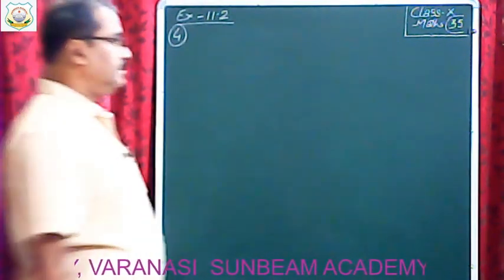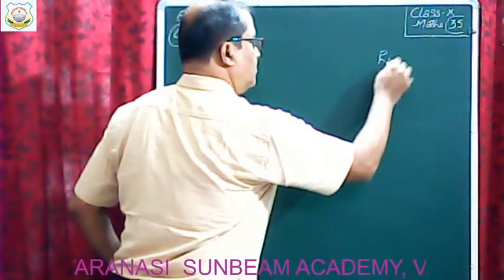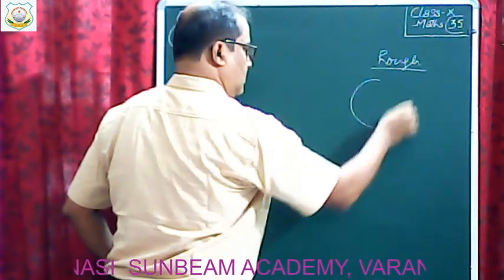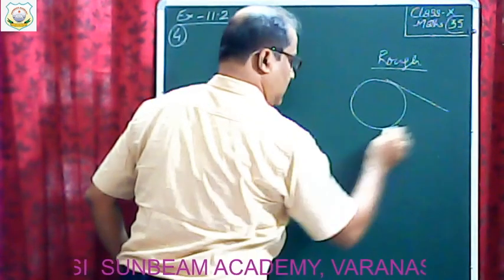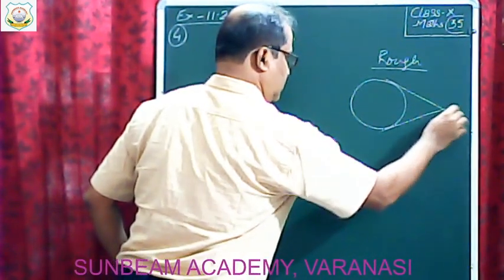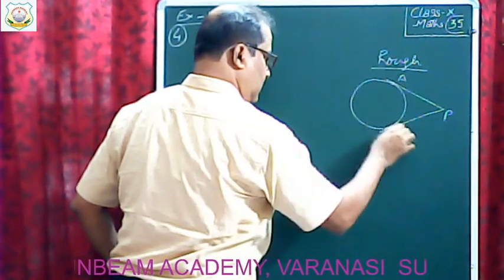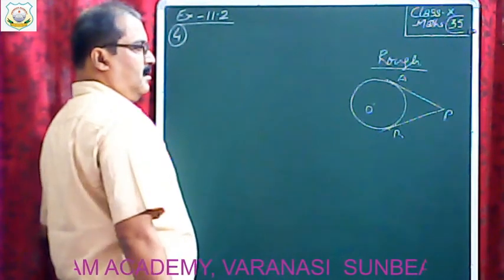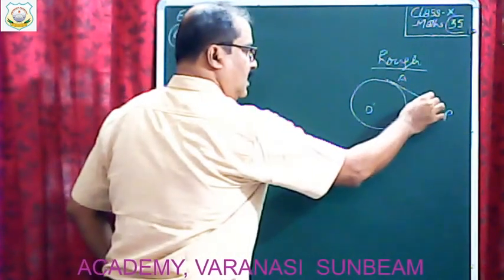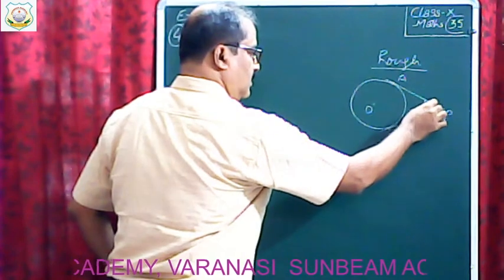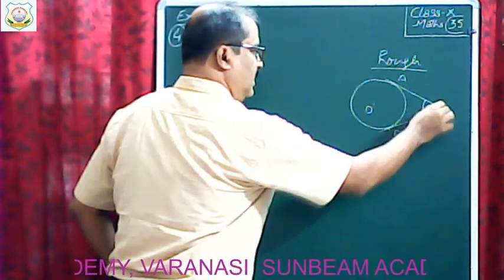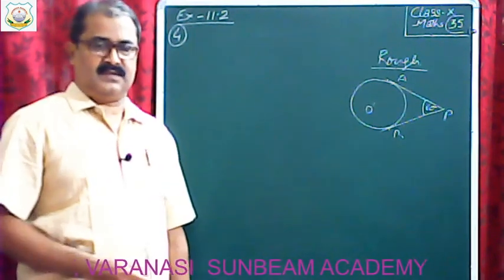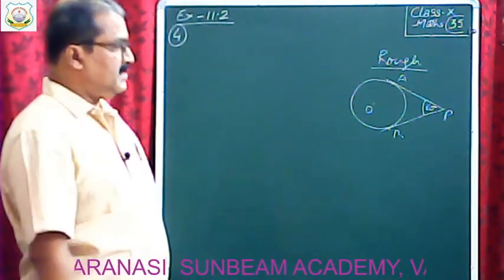Rough figure. Circle. I have to draw tangents from an external point, suppose it is P, to a circle of radius 5 cm, and the angle of inclination of tangents is given, that is 60 degree.